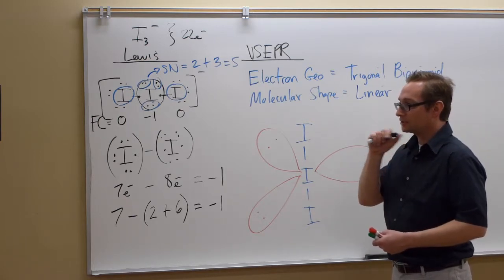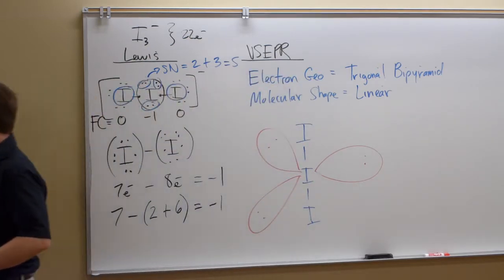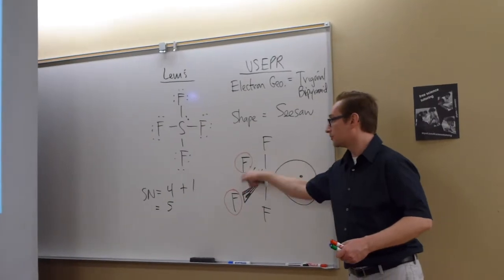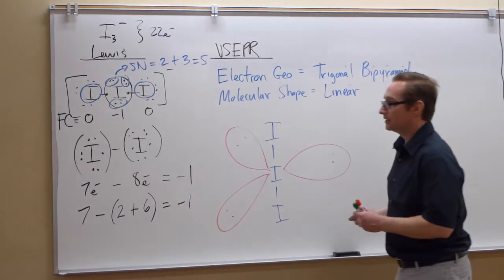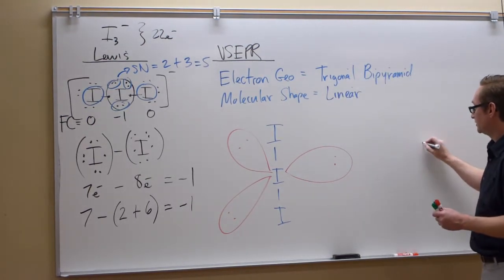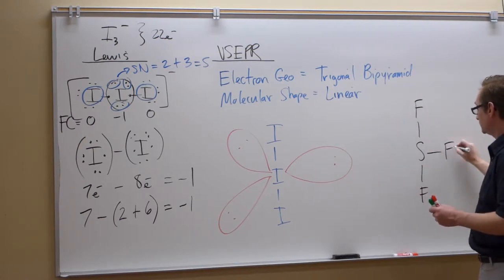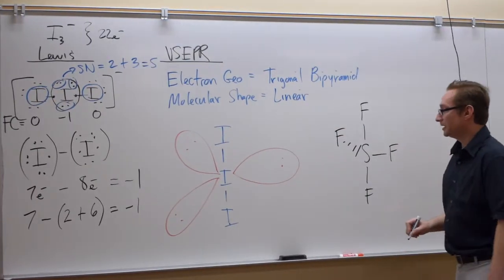Real quick, what if I had kept this atom on, and I put the lone pair over on one of these two? What would it look like? Right, I could have drawn that shape. What if I left it like that?